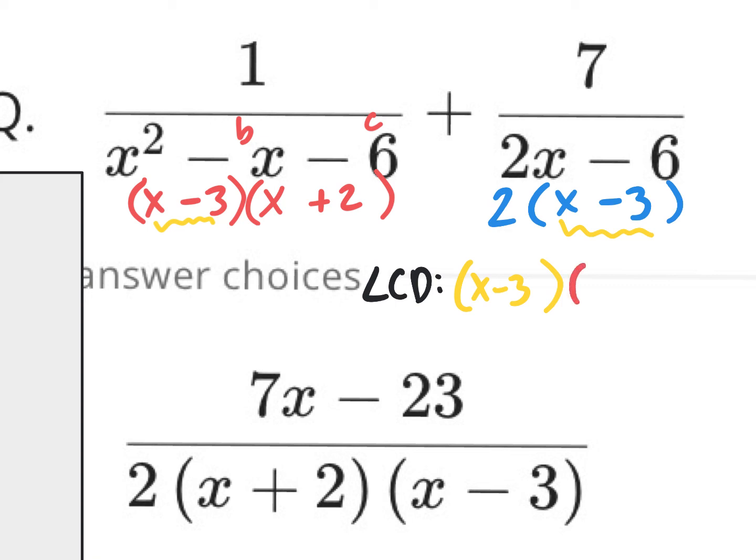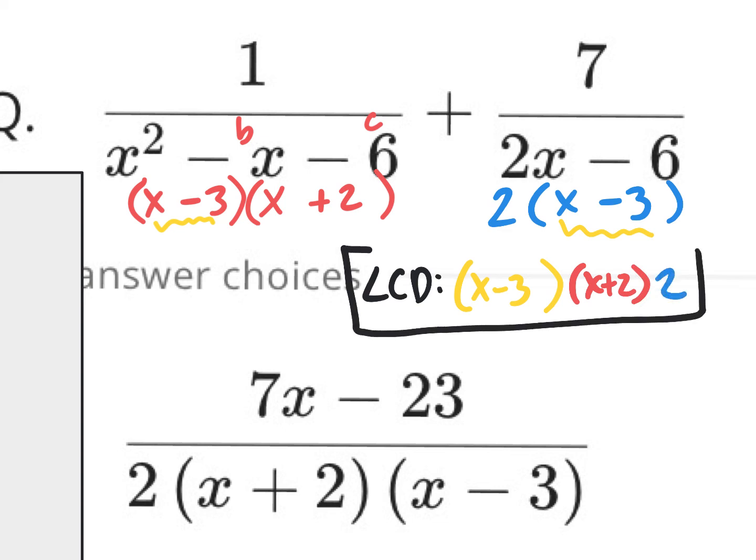So I also have the binomial x plus 2, and I also have the number 2. So ladies and gentlemen, this is the first essential part of our problem, identifying that our LCD is x minus 3 times x plus 2 times 2. And to be honest, I would write it with the 2 first, then the x plus 2, then the x minus 3. It just looks nicer written in order.